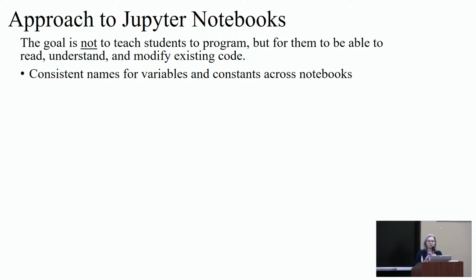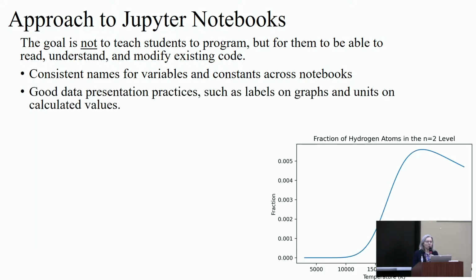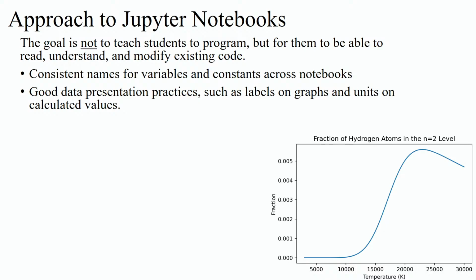So if we had the speed of light called by one name the first time they encountered it, I tried to keep that consistent throughout every subsequent notebook so that they could recognize things and understand them. Whenever a graph was produced by the code or a number was calculated, I made sure that there were good axis labels and titles. These are things we're always trying to beat into our students that need to be there.